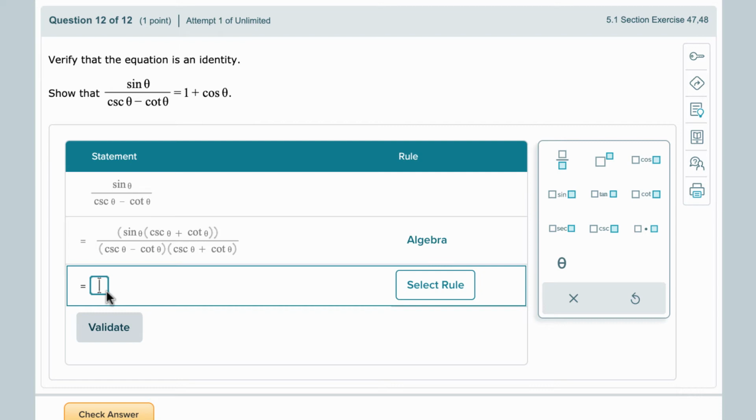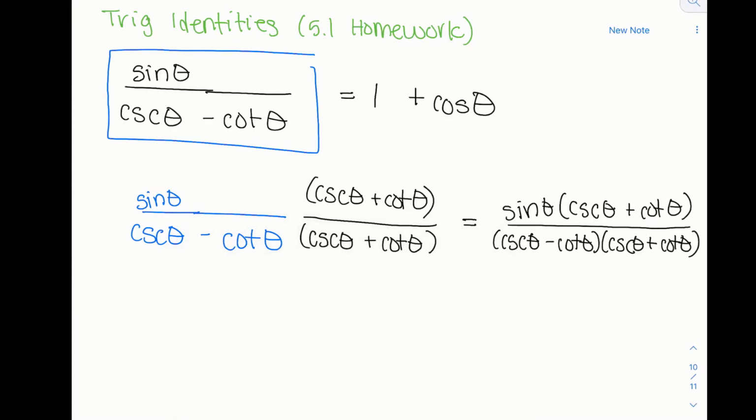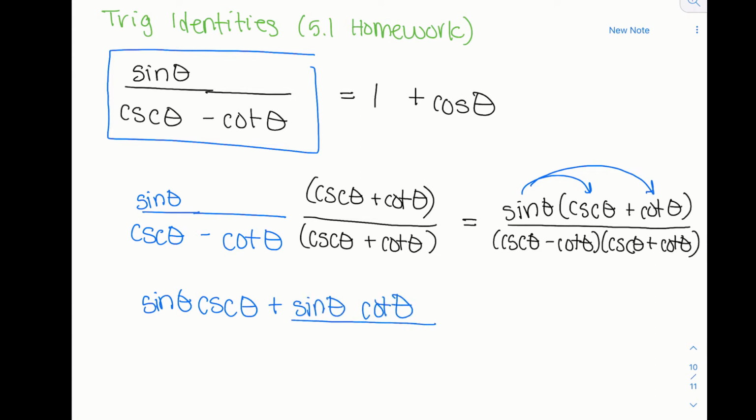Okay, and the next step would be to do some multiplication. So here I'm going to go ahead and distribute the sine through, and that leaves sine theta cosecant theta plus sine theta cotangent theta, all over, and the bottom you could FOIL out.